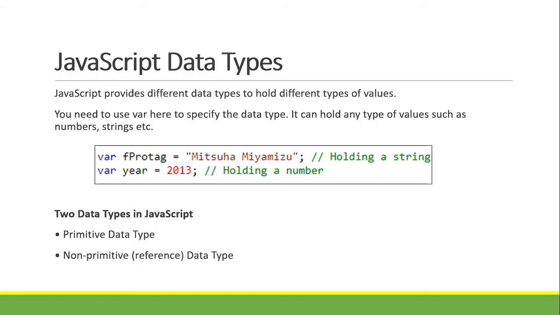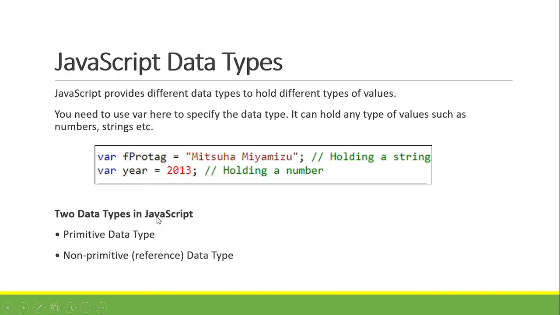JavaScript data types. JavaScript provides different data types to hold different types of value. You need to use var here to specify the data type. It can hold any type of value such as number, string, and etc. So, ginamit na natin siya kanina, si var, and then variable name is equal to the value of your variable.